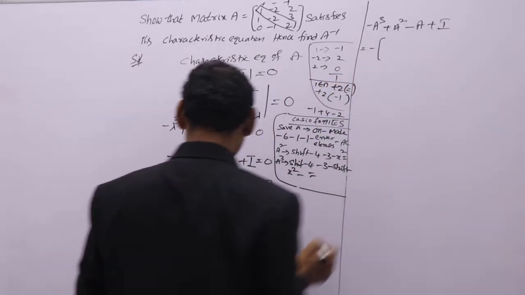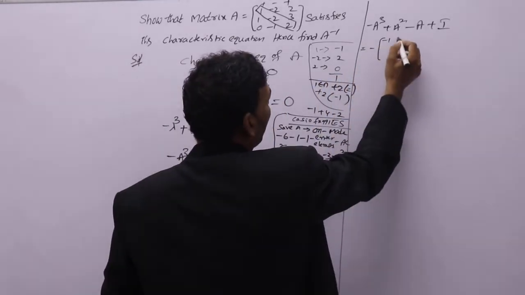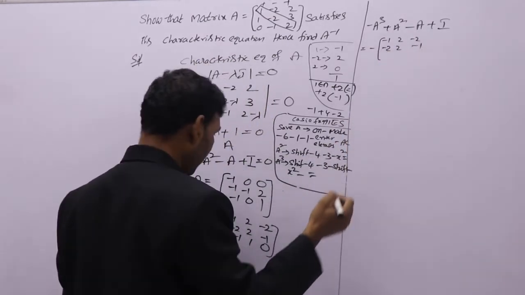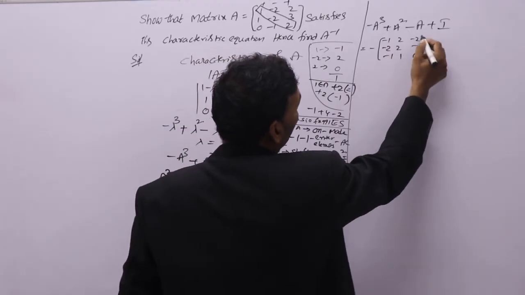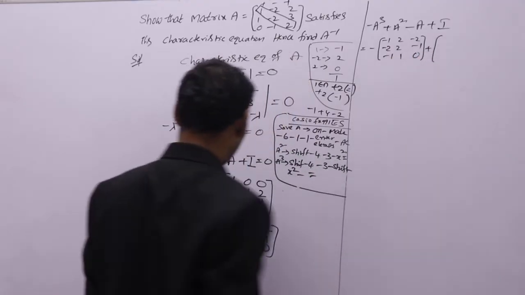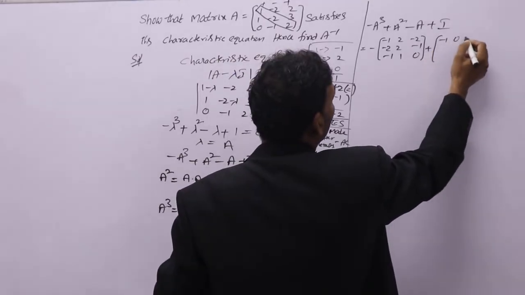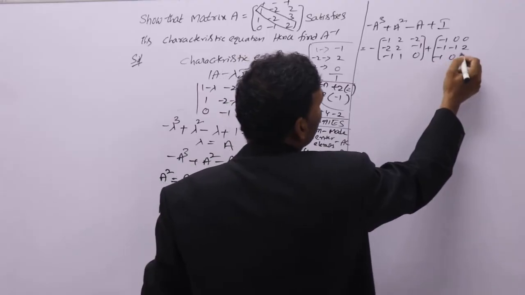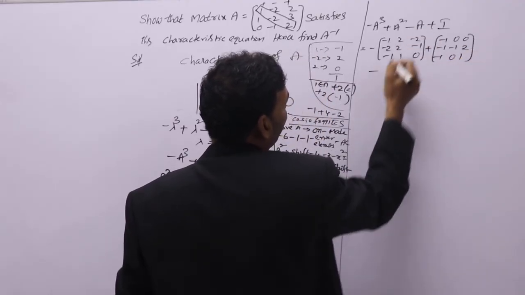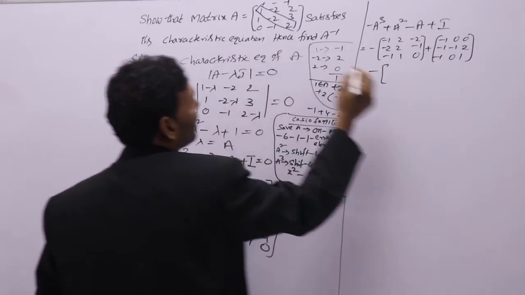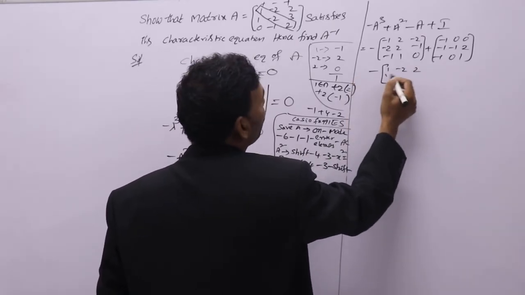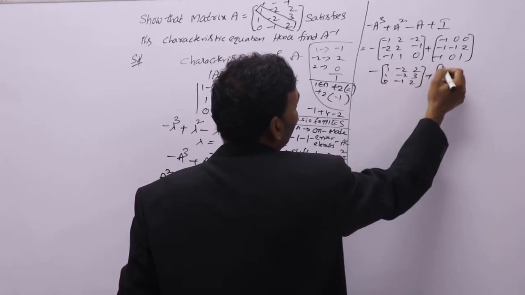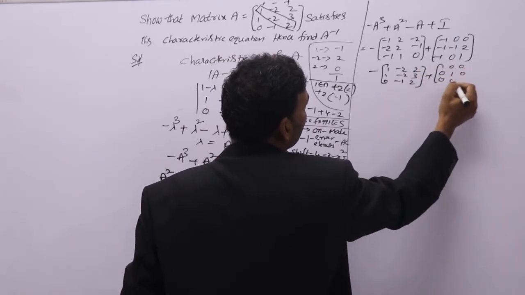A cube, just now I wrote: minus 1 2 minus 2, minus 2 2 minus 1, minus 1 1 0, plus A square: minus 1 0 0, minus 1 minus 1 2, minus 1 0 1, minus A matrix. A matrix is given: 1 minus 2 2, 1 minus 2 3, 0 minus 1 2, plus I: 1 0 0, 0 1 0, 0 0 1.